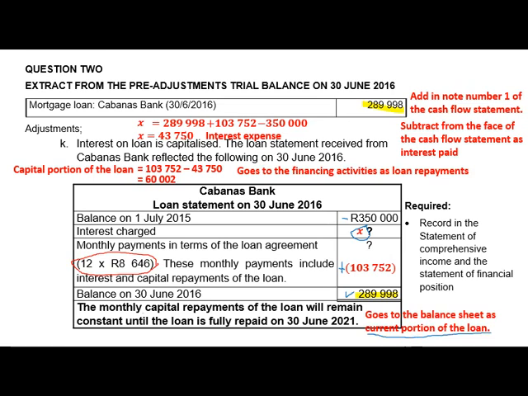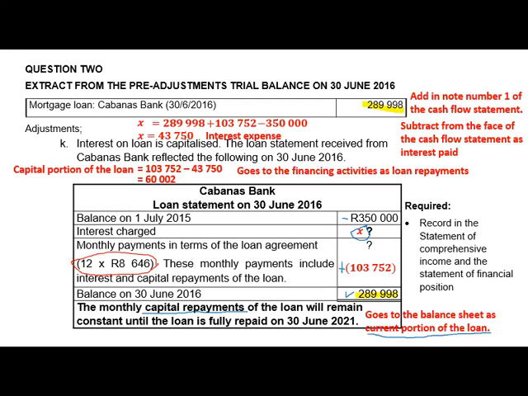Why is this one for next year recorded as current portion of the loan? It's because they told you that we're gonna pay the capital portion next year. Any loan that you're going to pay next year will be a current liability. Within 12 months, yes.